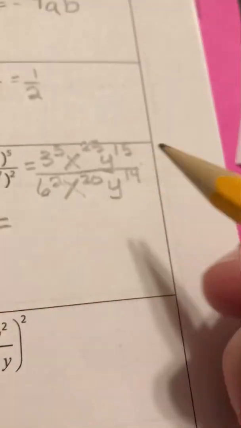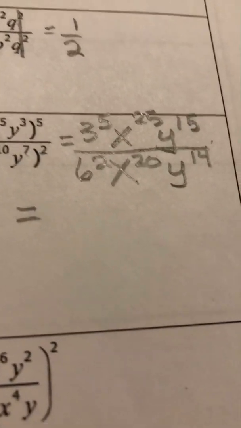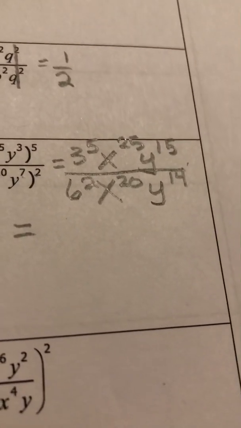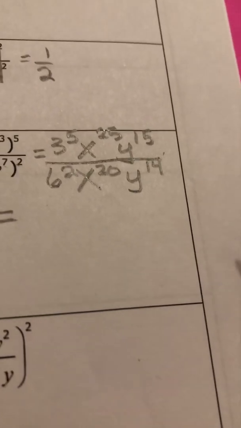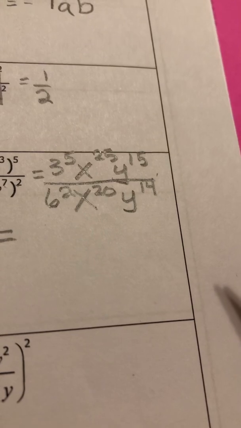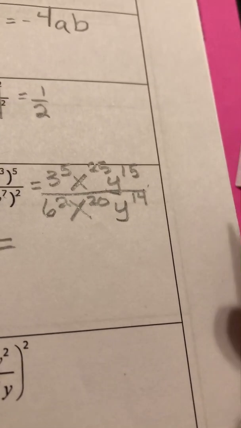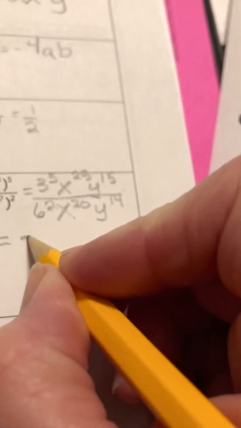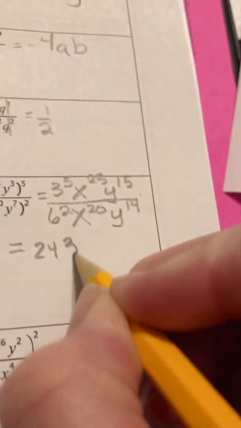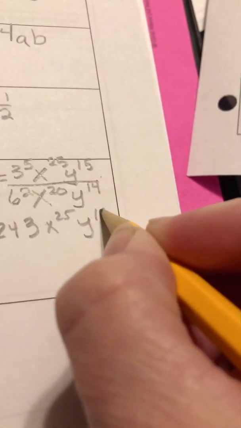And then I'm going to multiply this out here. So 3 to the 5th power is 243. And I'm going to have x to the 25th. Hold on to the x to the 15th.